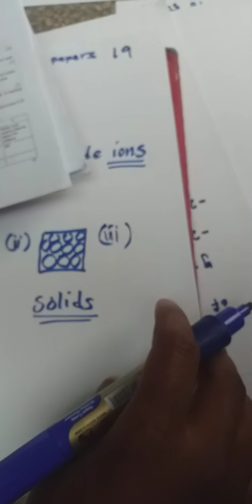Then Roman numeral 3: particles move randomly within the space of the substance. Particles that are able to slide over each other within the space that they are in are actually liquids.